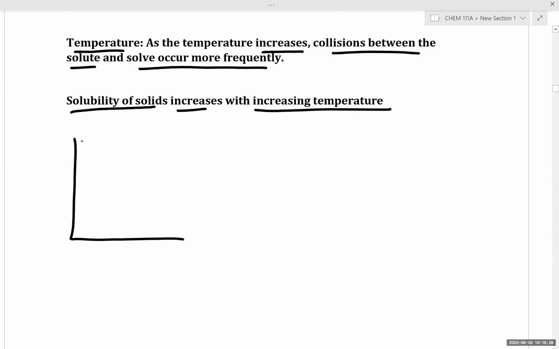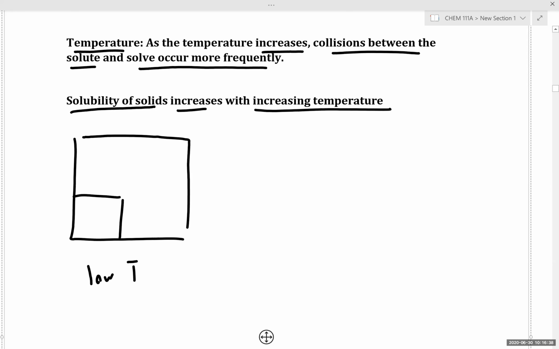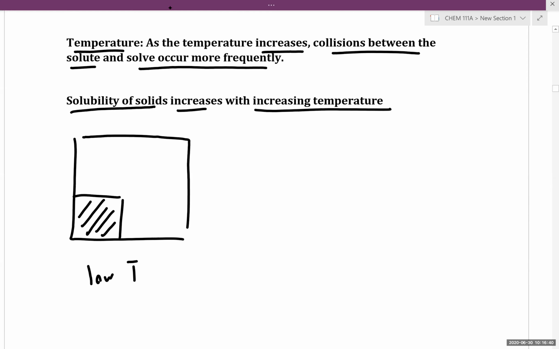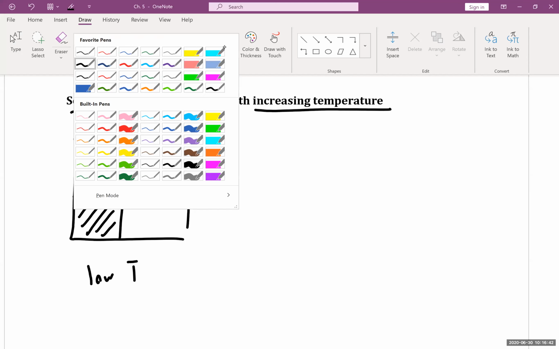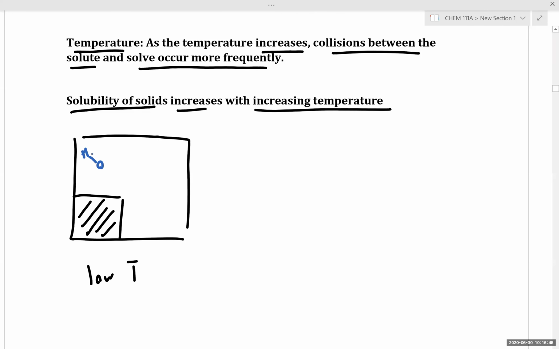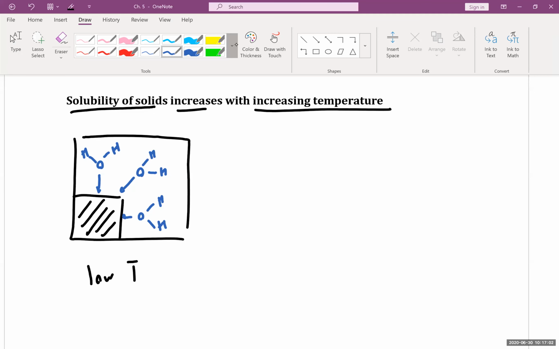The way that we can rationalize this is at low temperatures, if you have your solid and your water molecules, based on the temperature, your water molecules will collide and move about with a different relative velocity. The higher the temperature, the faster your water molecules are moving, and the more collisions you get.